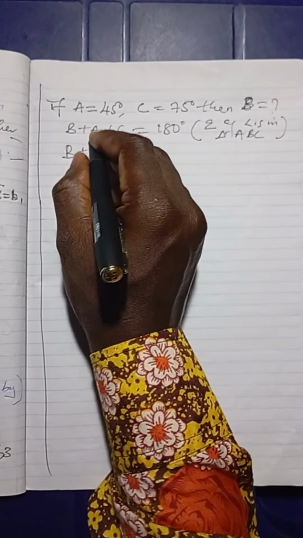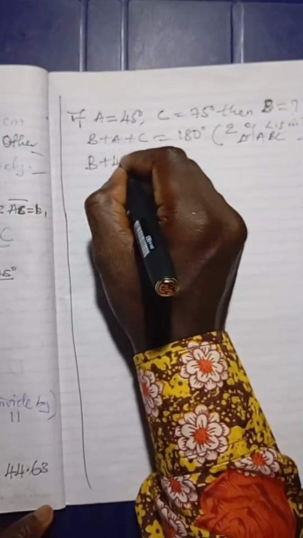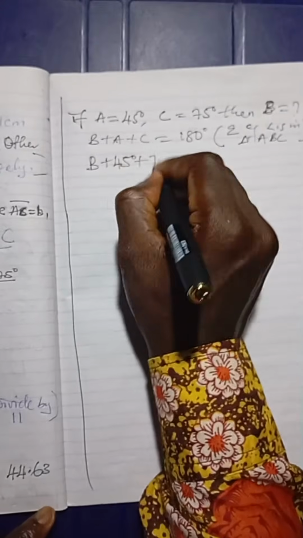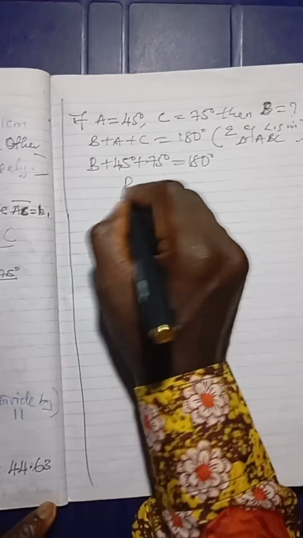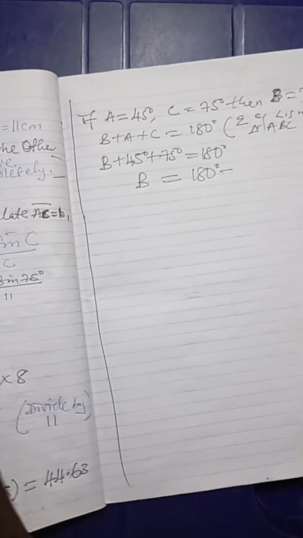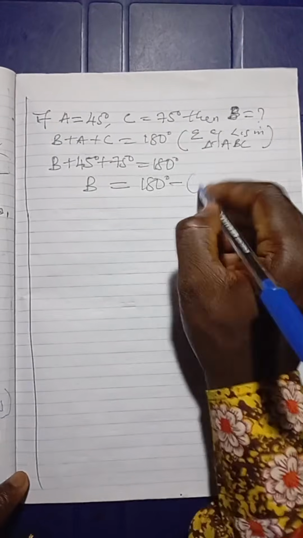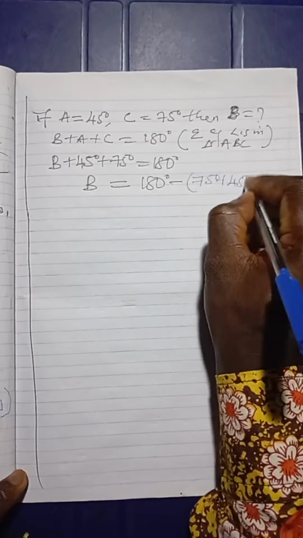Good. So that my B plus our A is what? What is the value of A? A is 45 degrees plus 75 degrees. So that B is 180 degrees minus bracket 75 plus 45 degrees.